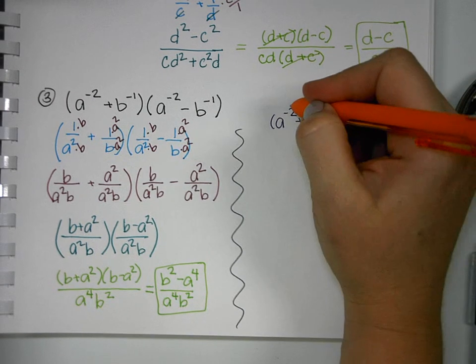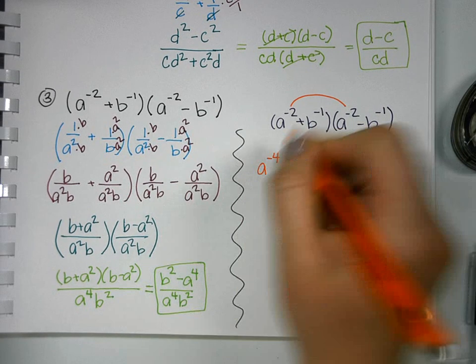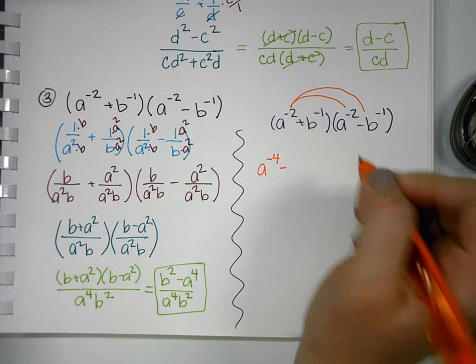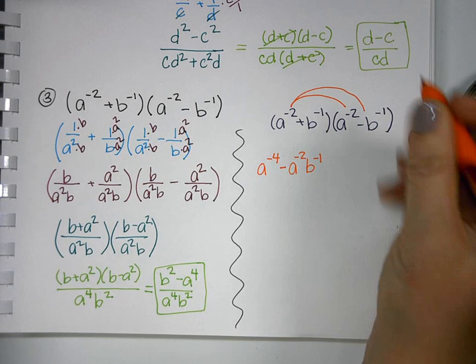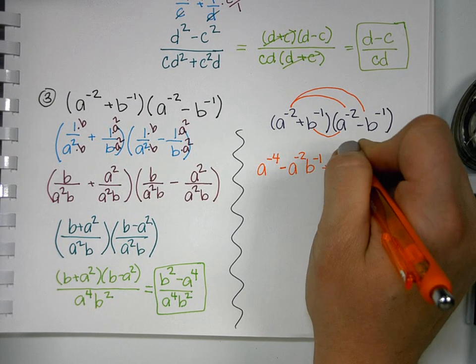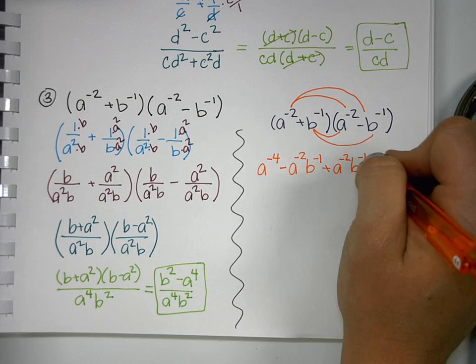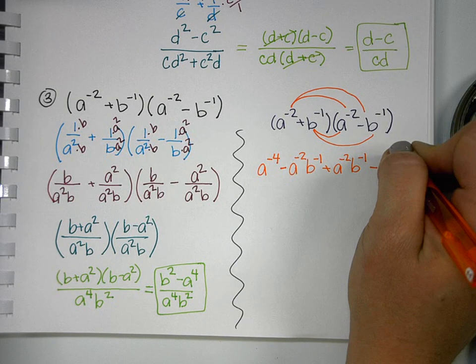So if we FOIL this, a to the negative 4 minus a to the negative 2, b to the negative 1, plus a to the negative 2, b to the negative 1, minus b to the negative 2.